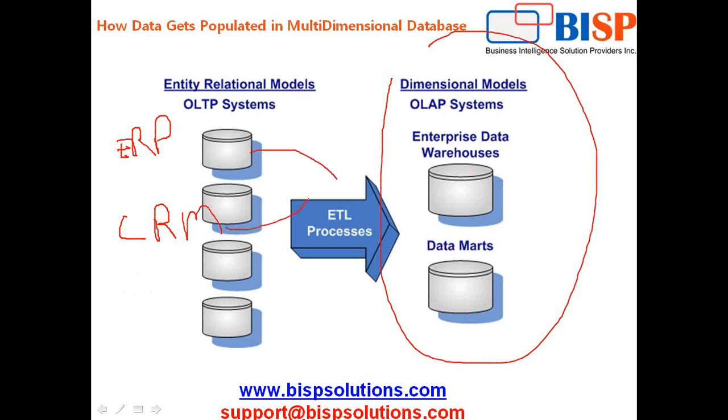Data is pulled from disparate sources, disparate OLTP, and populates your data mart or OLAP server. An enterprise data warehouse is for the enterprise which works across multiple departments. It may have data from different departments of an organization like sales, marketing, procurement, HR, and all. A data mart could be subject specific.